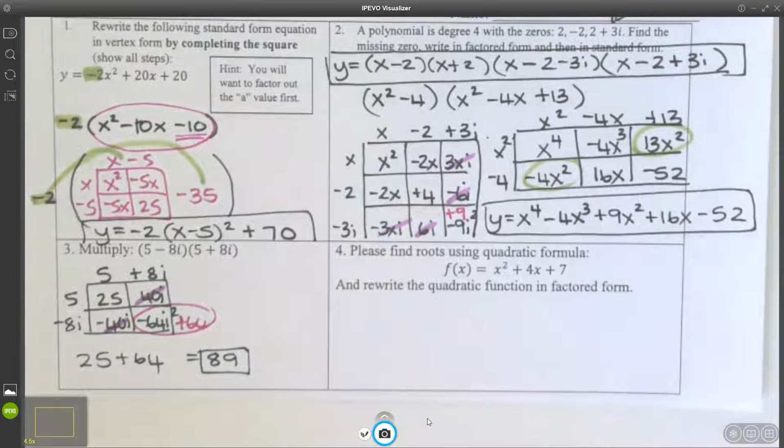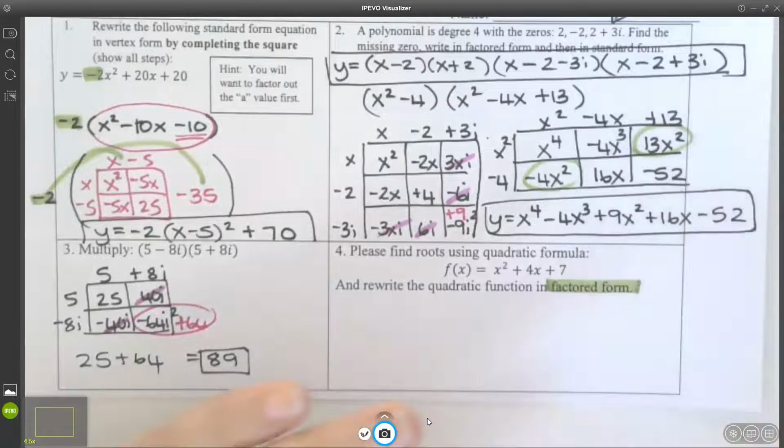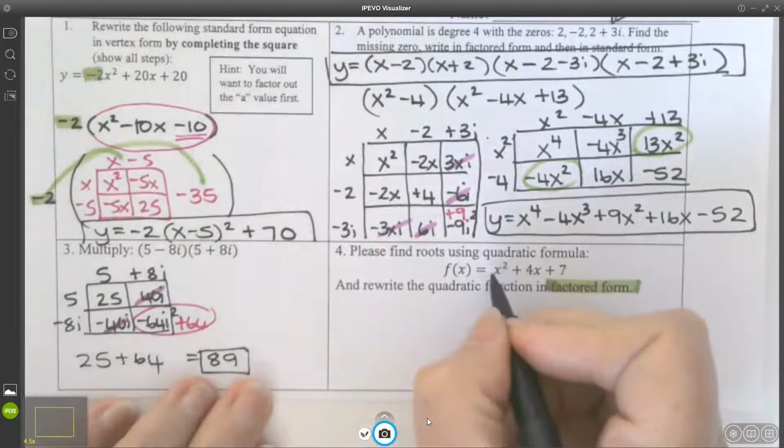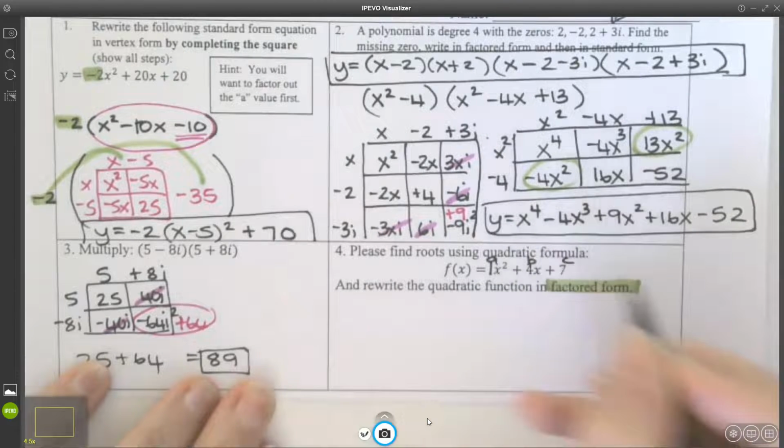The next question is asking us to find the roots using the quadratic formula, and then to rewrite the quadratic equation in factored form. So we want to first use the quadratic formula. Remember, this is a, this is b, and this is c.